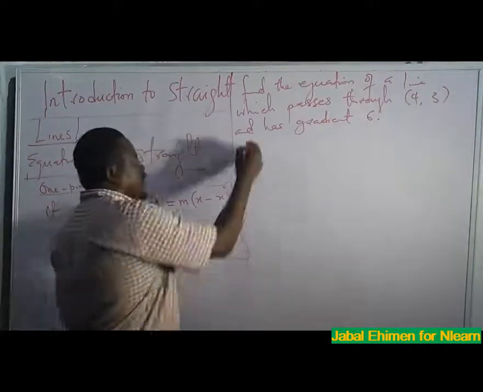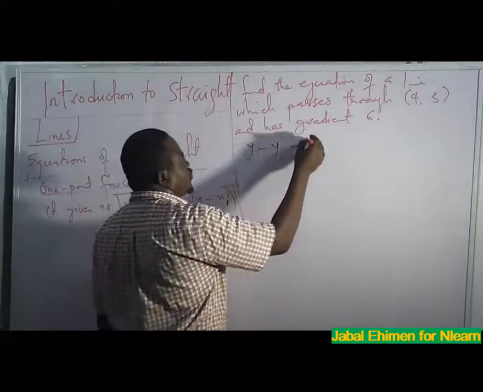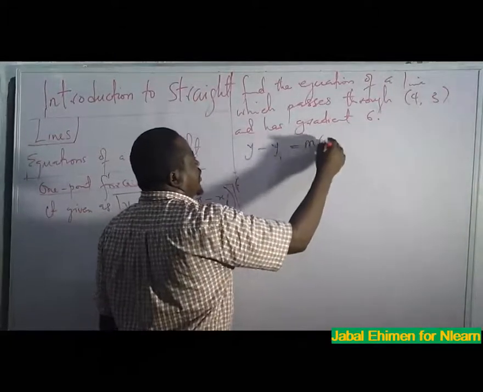Okay, that will just become y minus y1 equals m into x minus x1.